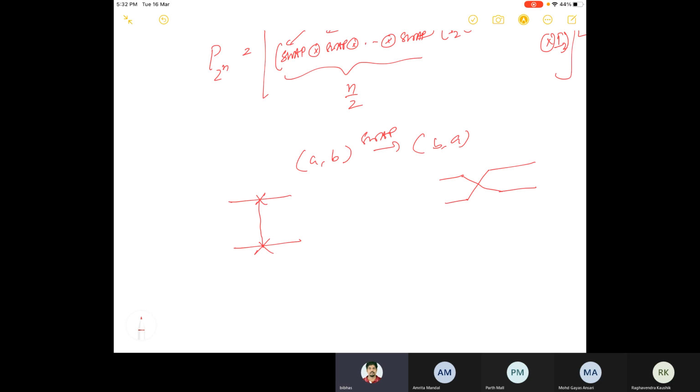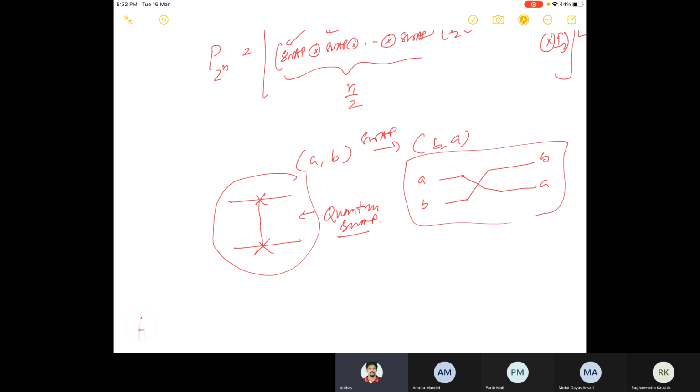This is the swap for the quantum, and this is a standard practice to write it this way. When you are writing a circuit with swap gates, there are two qubits as inputs, AB, and then you get BA. This is the icon for the swap gate.